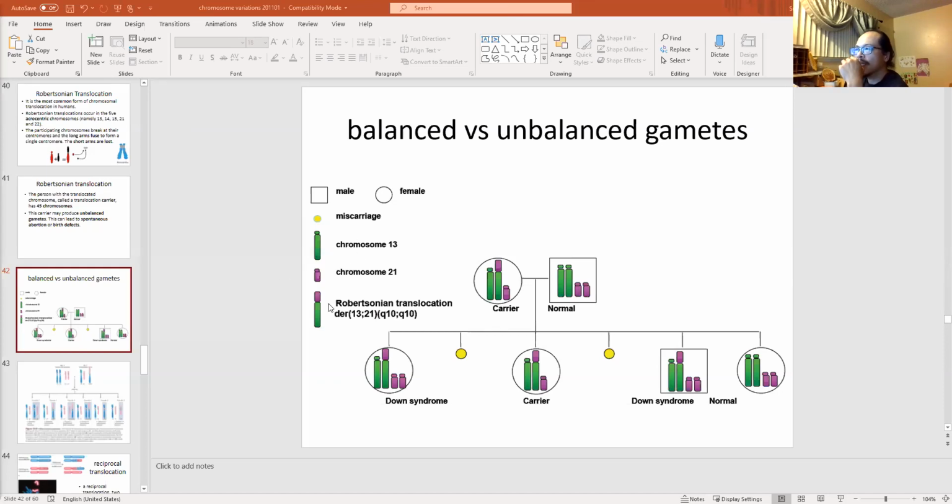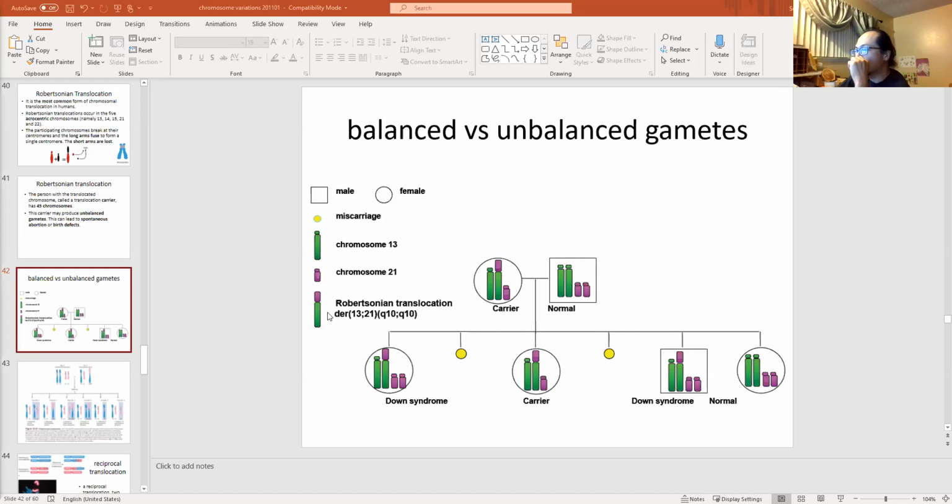All right, so this DER refers to the derivative chromosomes from the translocation that is present. The translocation of these two is presented. Q10 refers to the remaining one.